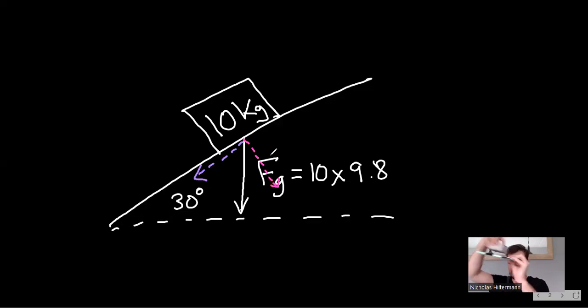So as I tilt it, we get more and more down the slope. In other words, if I change this angle from 30 degrees to 60, then this force down is much bigger. And if I make it 90, it's basically free falling, and so there's no force into the slope. It's all going down the slope, or into the hill.